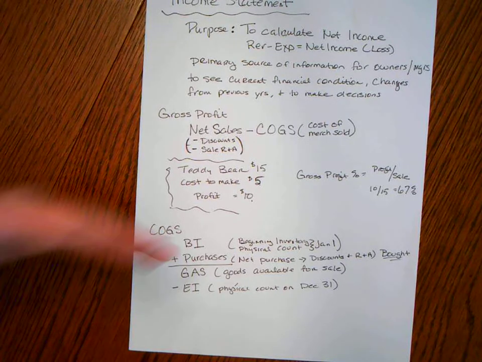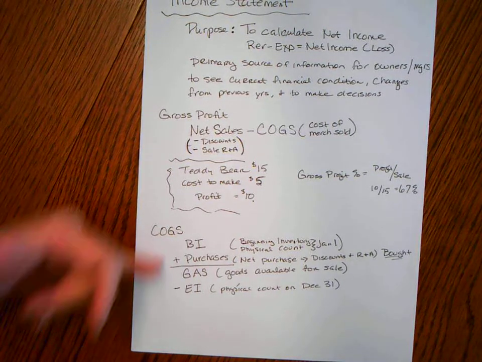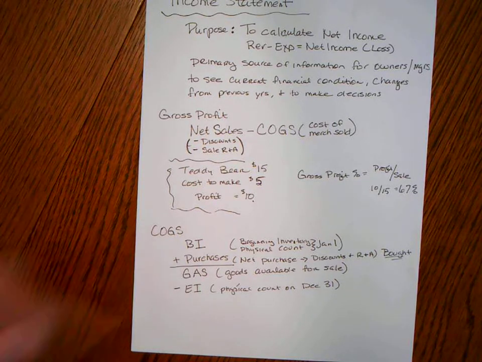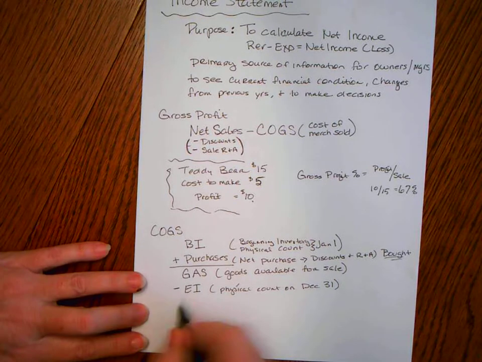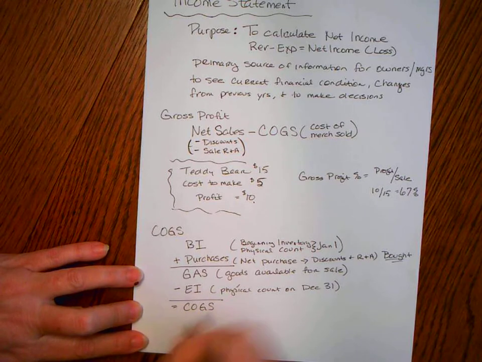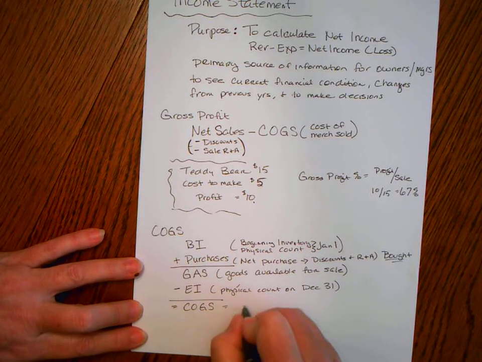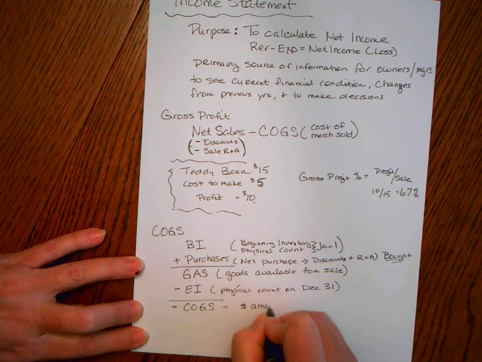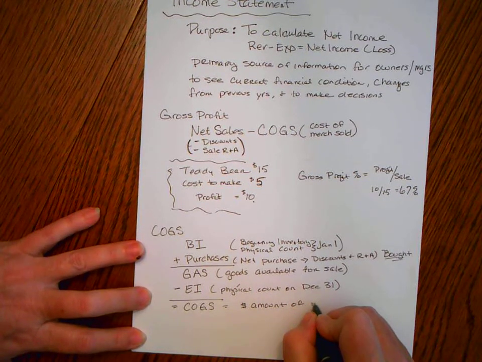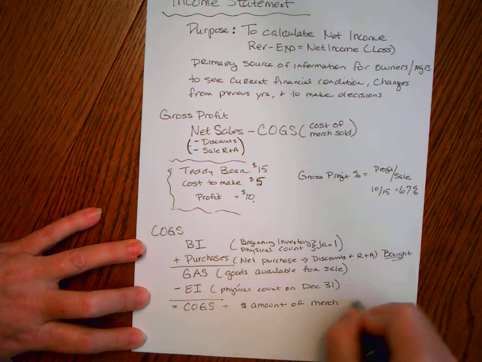So if this is what you started with, this is what you purchased, this is what you have at the end, the difference between all of that is what you sold, right? Therefore, it's the cost of the merchandise that you sold. Your cost of goods sold. And this is the dollar amount of your items or your merchandise sold.